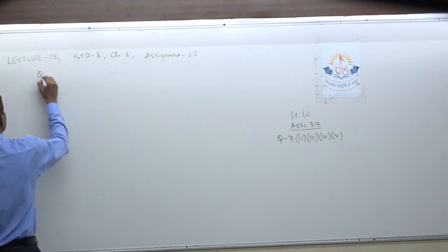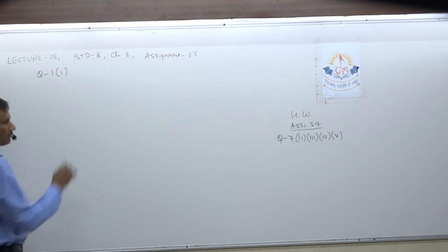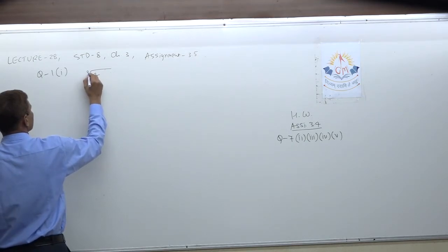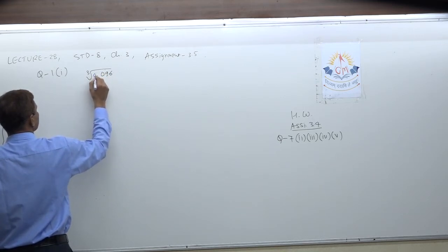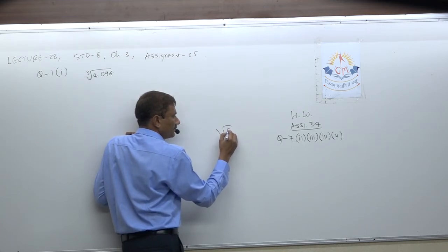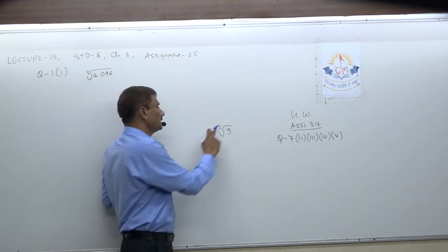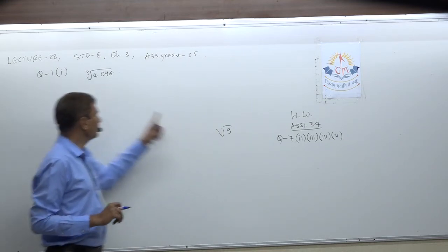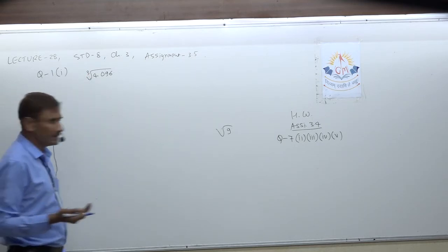Question 1, sub question number 1. They are asking the cube root of 4.096. In square root, we do not write 2 here. Suppose square root of 9, actually 2 is required, but if nothing is there, you understand it is 2. In the cube root sign or any other root sign, that number should be written.